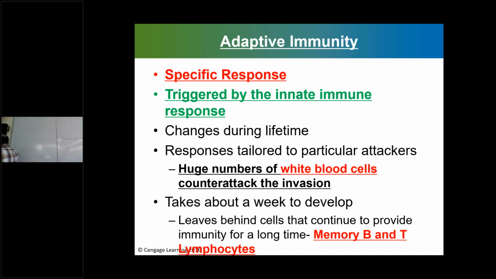And you'll see here, look at this, they take a while to develop this specific immune response, and these memory B and T lymphocytes have the ability to then live long and have this memory of this encounter with these microbes that can make you sick.